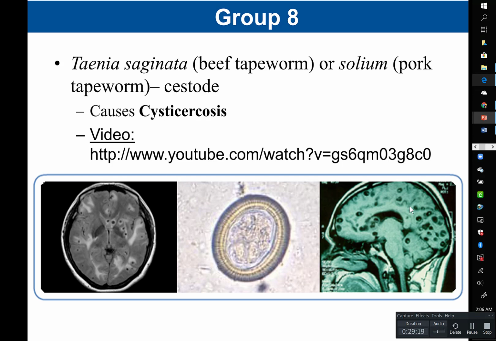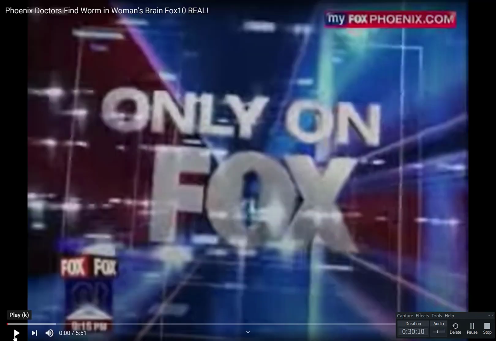Now, if somebody is infected with the worm and they go to the bathroom, and let's say they don't wash their hands well, and then they prepare your food, right? They handle your food, and you now eat that food, the eggs from their hands are all over that food. You ingest that egg, and you can end up with cysticercosis. And so I have a little video here just to kind of show you a little bit about cysticercosis because it is pretty interesting to learn about.